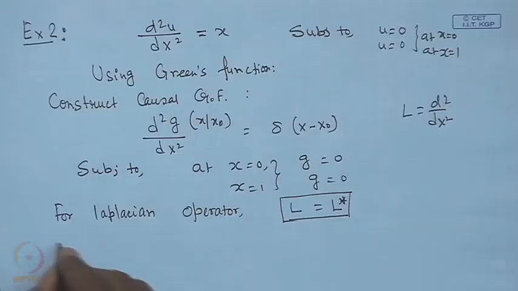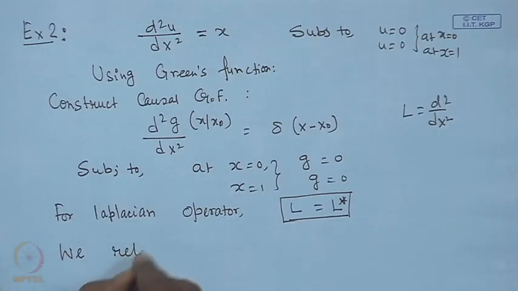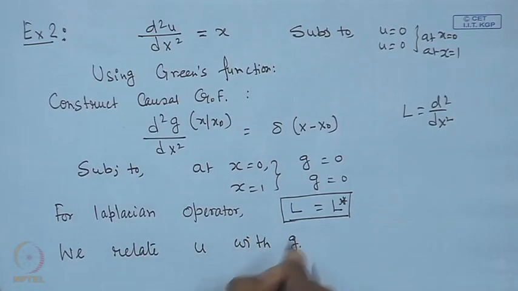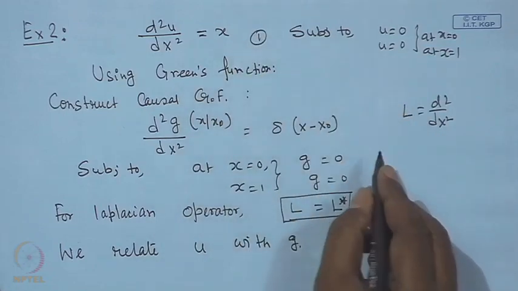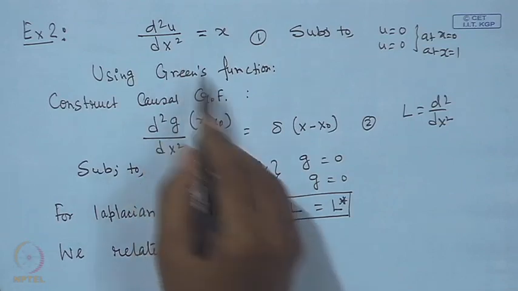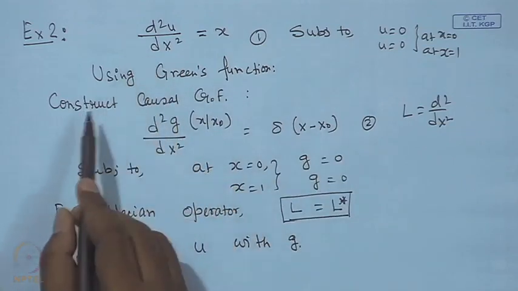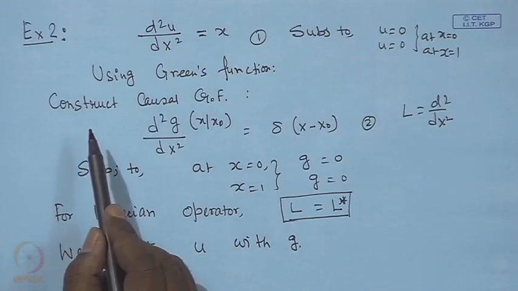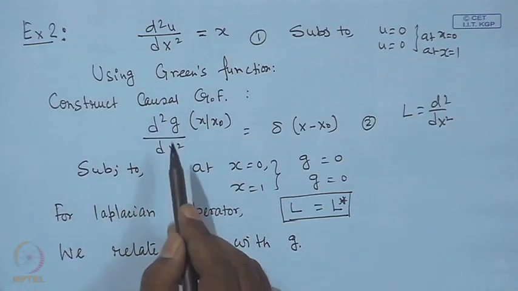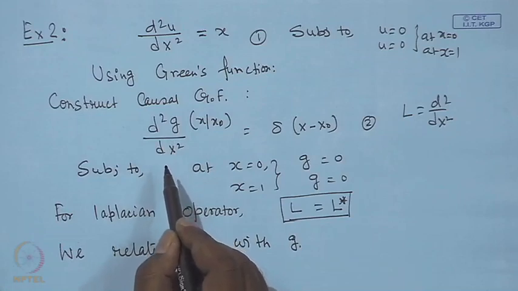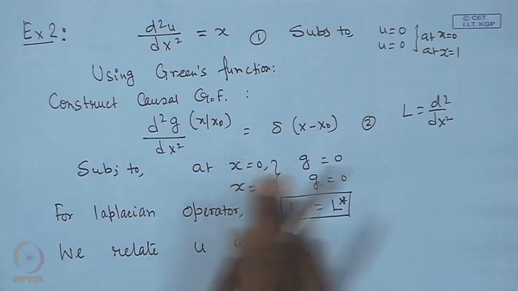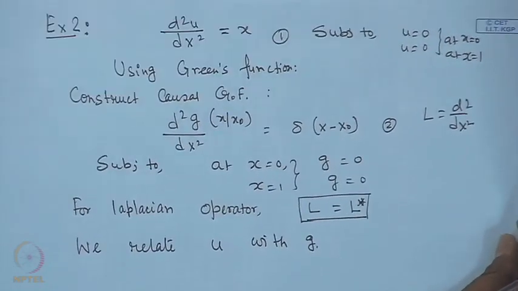So, we relate u with g. How to do that? We multiply both sides of 1 with g and integrate it. That means, we take the inner product of 1 with respect to g and the inner product of 2 with respect to u, and then we subtract and see what you get.